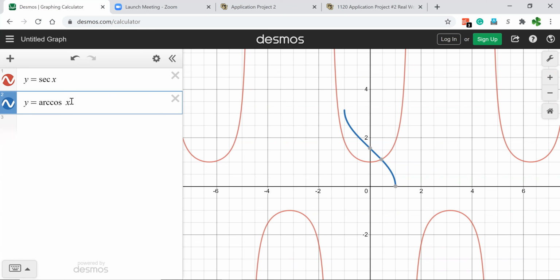Okay, this is my hint. Why do I type in inverse cosine? And cosine. What's the relationship between inverse cosine and cosine with secant?